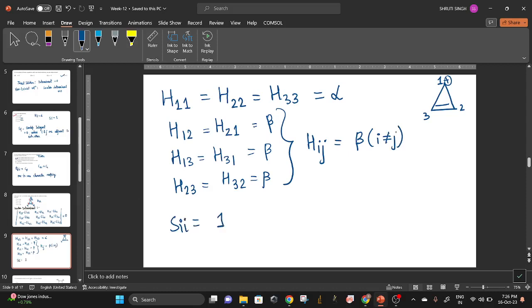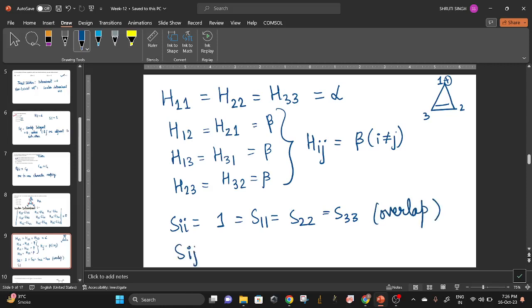Sii means S11, S22 and S33, the overlap with itself, and Sij will be equal to 0. This is the Huckel approximation.